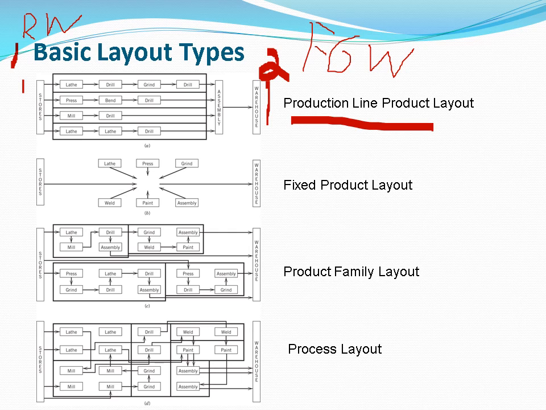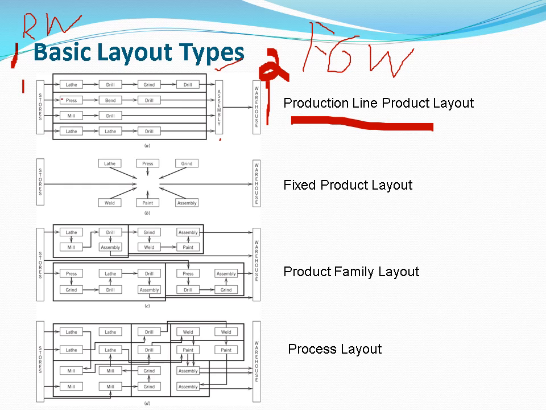You can see here that raw material is fed to each of the different processes, and it is linear and it goes to a common final assembly, this one. So this is line 1, it has 4 processes.